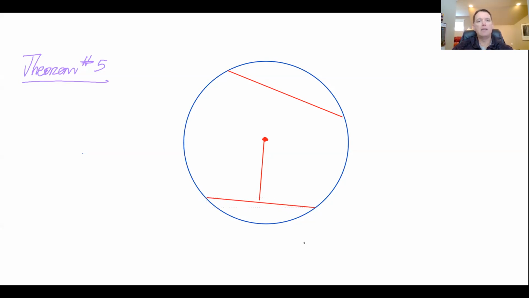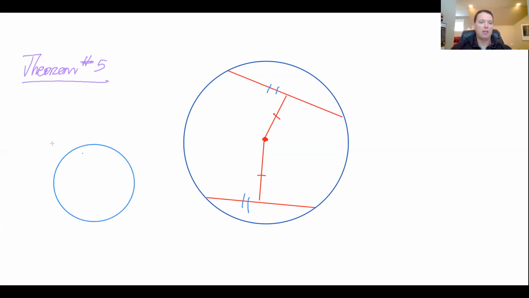What I'm saying is that I have two chords that are equidistant from the center. So I've moved them to the point where they are exactly the same distance from the center, and that makes these chords congruent as well. And then similarly, let me just try this real quick.